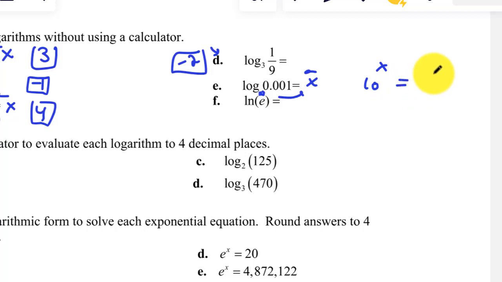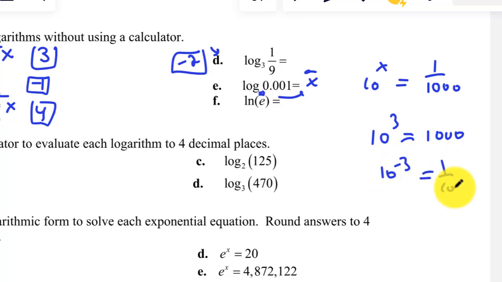But I'm going to write this intentionally as 1 over 1,000, right? Tens, hundredths, thousands. So we know that 10 to the 3 is 1,000, so 10 to the negative 3 is 1 over 1,000. So the value that makes letter E true would be negative 3.